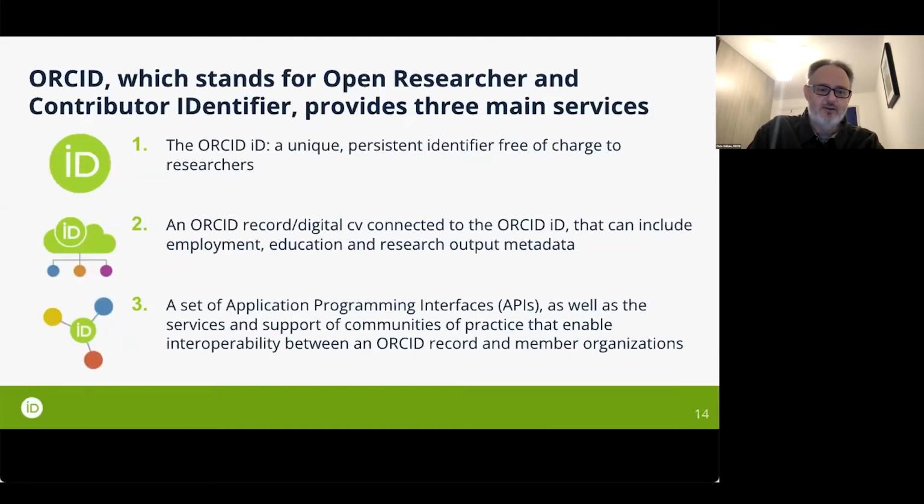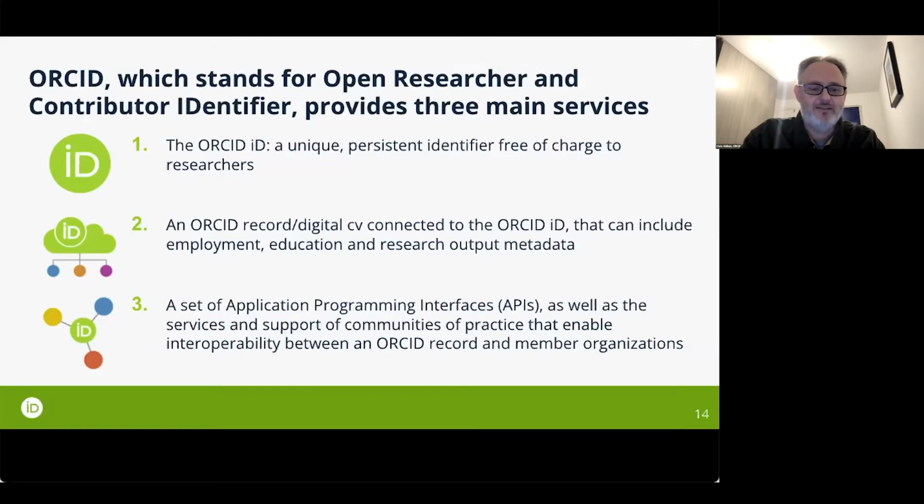We provide an ORCID ID, which is a unique persistent identifier, which is free of charge to any researcher. In the scholarly infrastructure community, we tend to call these PIDs, persistent IDs. The NSPM 33 guidance has coined the acronym DPI, means the same thing as far as we're concerned.